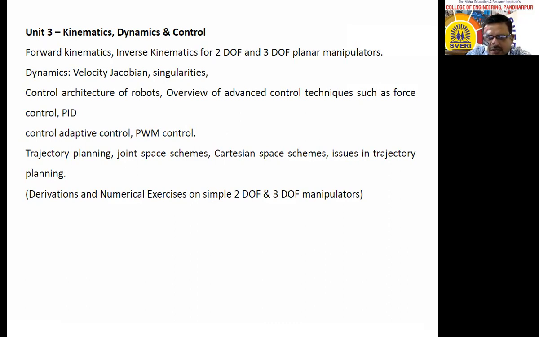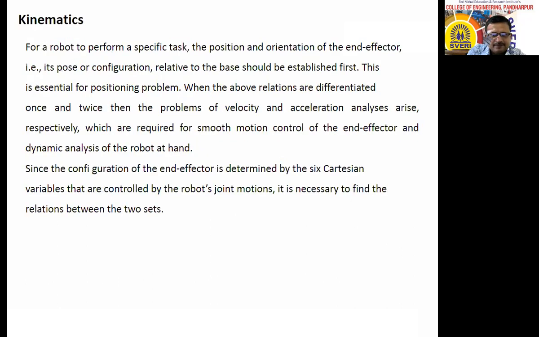Overview of advanced control techniques such as force control, PID control, adaptive control, and PWM control. Trajectory planning, joint space schemes, Cartesian space schemes, issues in trajectory planning, derivations and numerical exercises on simple 2 degree of freedom and 3 degree of freedom manipulators. Therefore, this is the syllabus. Now, today we will see kinematics and dynamics.